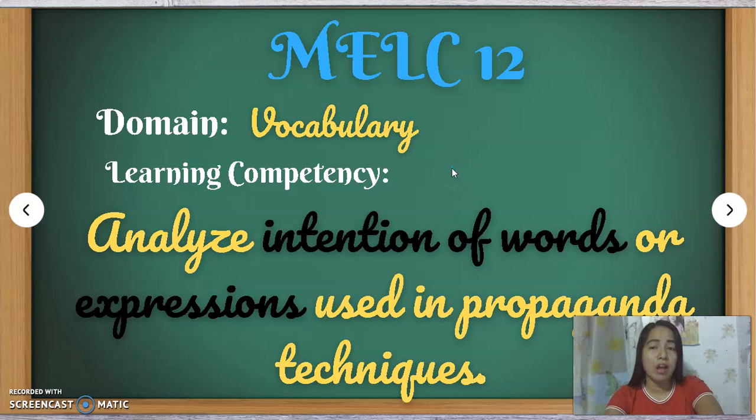Domain, Vocabulary. Our learning competency for this topic is: analyze intention of words or expressions used in propaganda techniques. Again, analyze intention of words or expressions used in propaganda techniques.